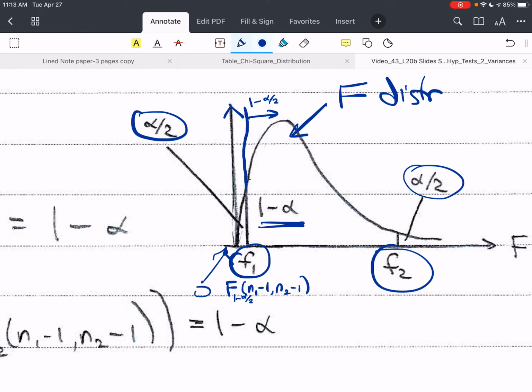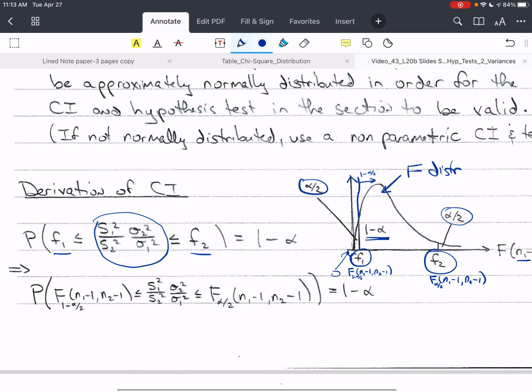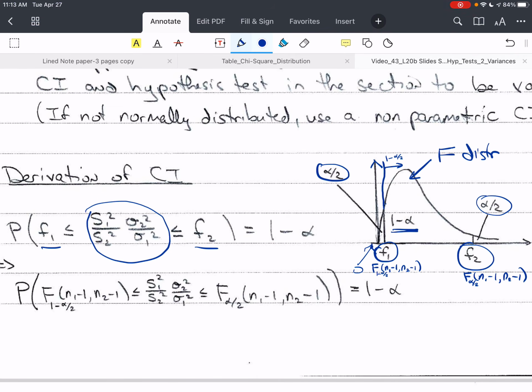Likewise, F sub 2 has alpha over 2 above it. So it's going to be F sub alpha over 2, N1 minus 1, N2 minus 1. So I'm going to substitute that in for F1 and F2 into my equation. It makes it a lot messier looking. You could leave F1 and F2 in here until you got done and then substitute in if you'd like.